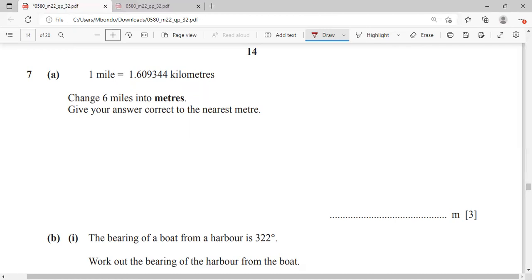First of all, you need to understand that 1 kilometer is equal to 1,000 meters. That is the process there.